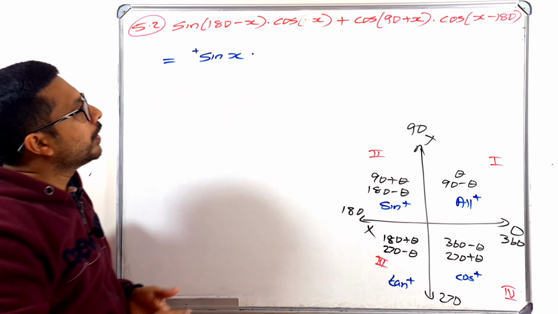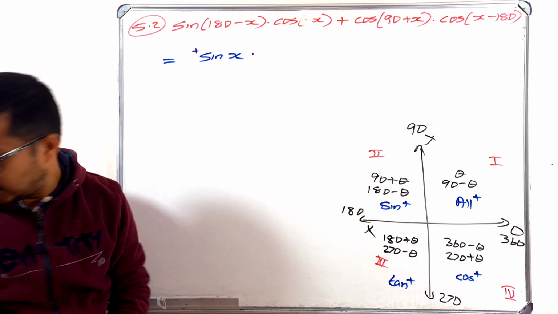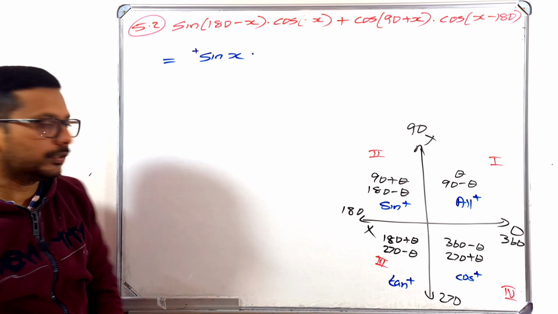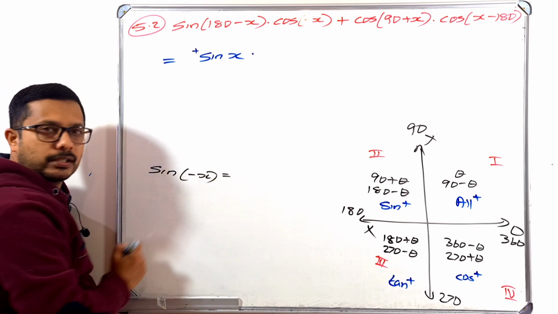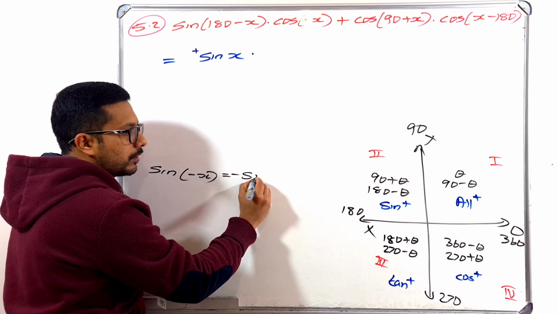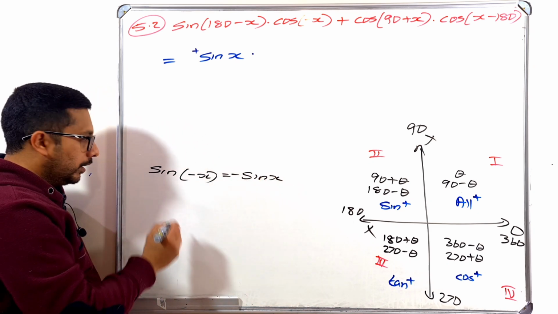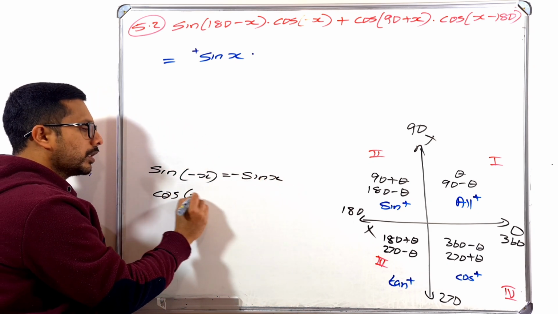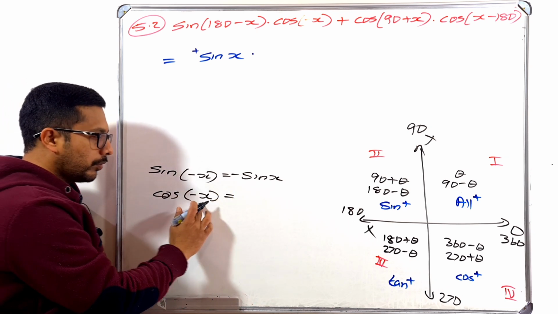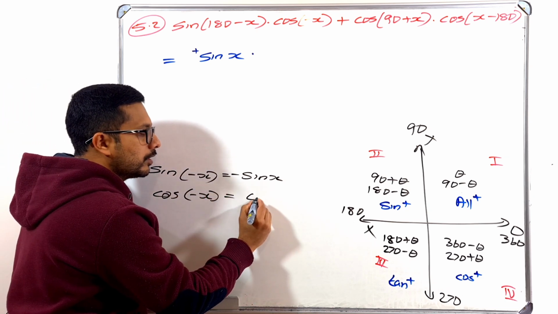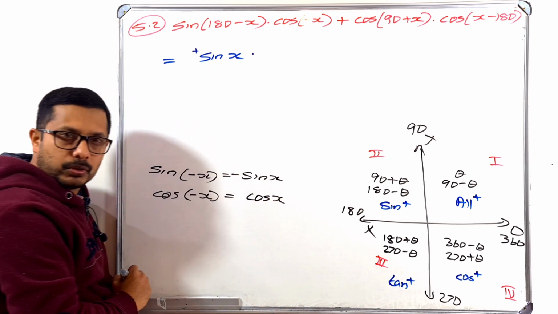Then cos of minus x. Sine of minus x, what is the answer? Minus sine x. For cos of minus x, just remember it like this and we can answer easily. Cos of minus x is not minus, it is positive cos x.